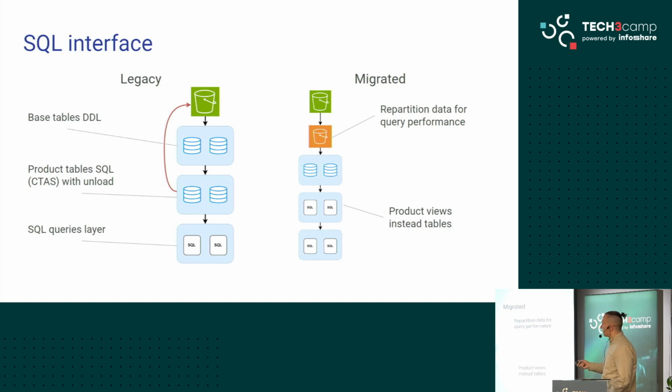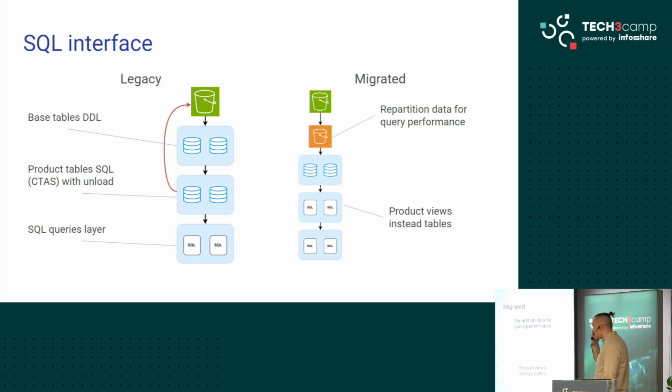We wanted to have all data available right after the ETL stops. So instead of this unload, we added an additional step to the original ETL process that already existed in the cluster, to repartition data for better querying.